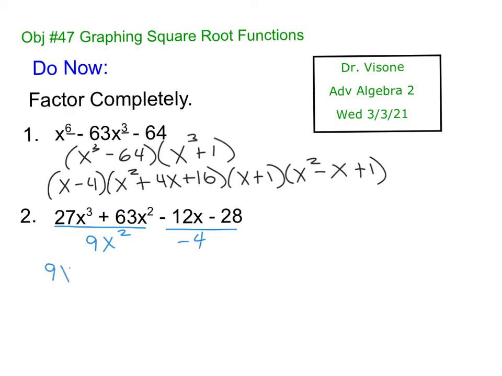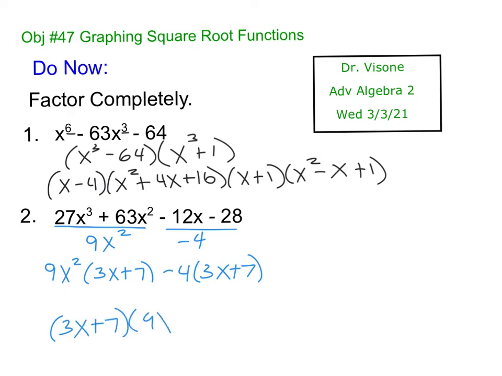So that gives me 9x squared, and then we get 3x plus 7 minus 4, 3x plus 7. So now I'm going to factor out the 3x plus 7, and I'm left with 9x squared minus 4. And then finally, 9x squared minus 4 is 3x plus 2, 3x minus 2.